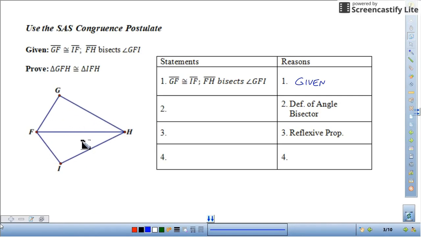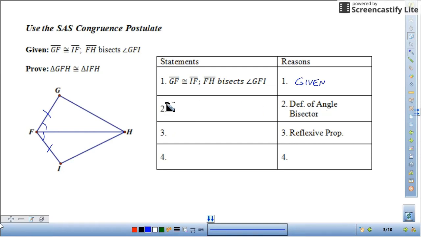Let's mark a couple things so we can see our goal here and see how we're actually going to develop this proof. So we know that GF is congruent to IF, and we know that FH bisects angle GFI. So if HF bisects angle GFI, that's going to tell us that GFH and IFH have to be congruent, because of what we know about angle bisectors.